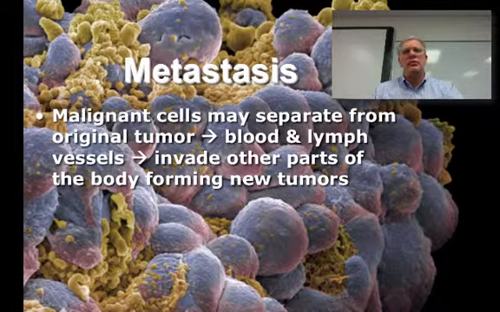And when that happens, these malignant cells can take up a new residence and form new tumors in these other locations. That is referred to as metastasis. Malignant cells moving from their original location into other locations and setting up new tumors is called metastasis.